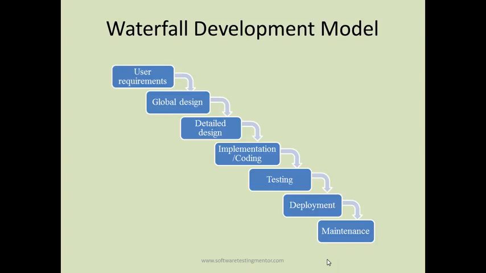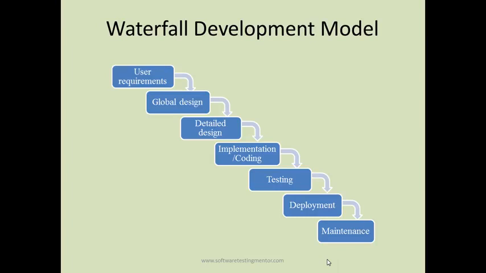Once all the requirements were approved, then you moved into the next phase, that is the global design phase. So in this design phase, all the high level design was being done. So how the system will be built, what database integration will happen, what database will be supported, what web server will be used, will be supported.